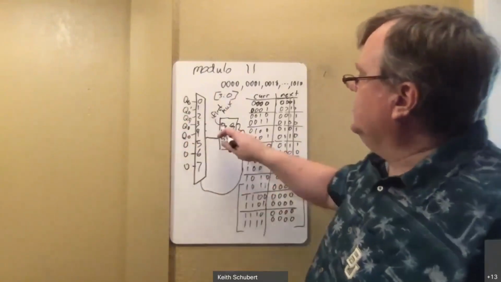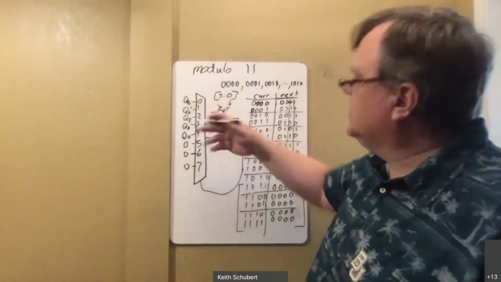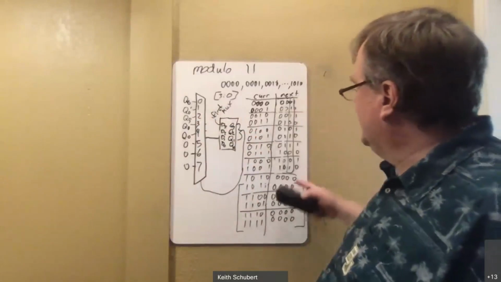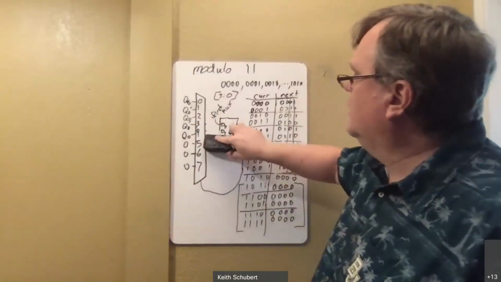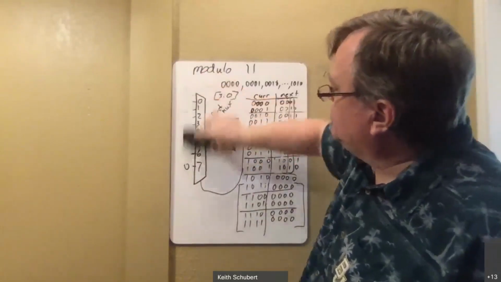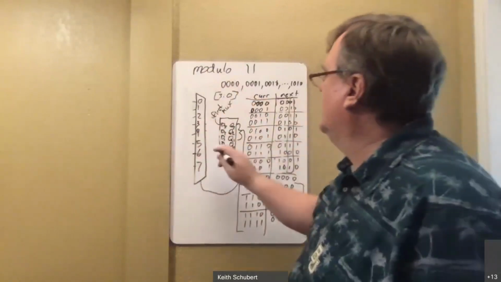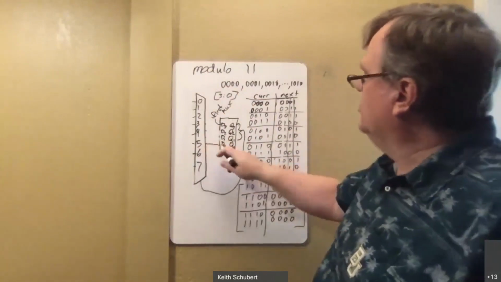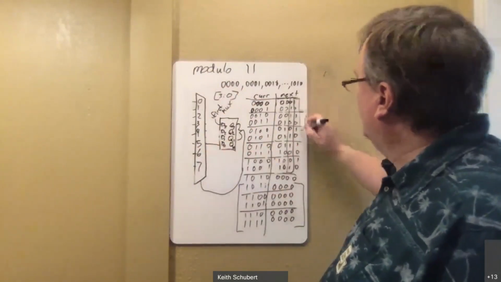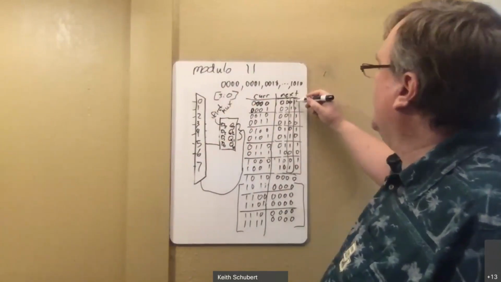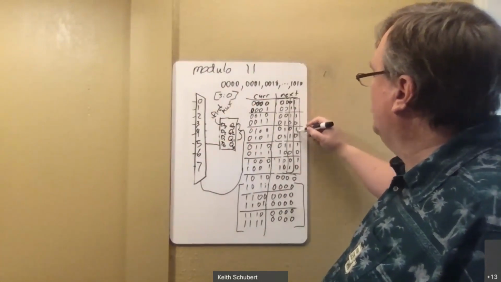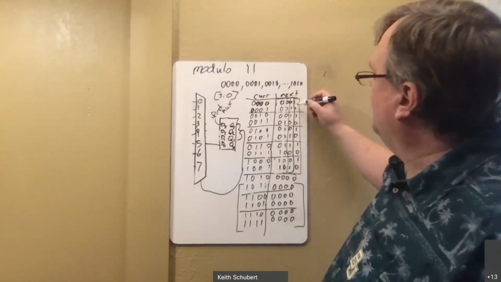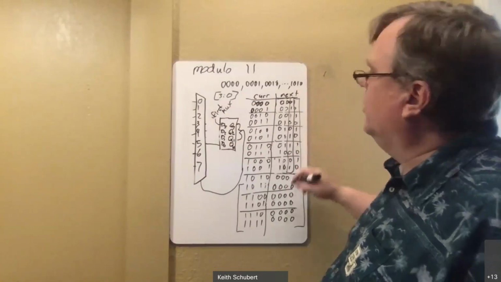D3 is the first mux, D2 is the second mux we designed, and now we've done our third mux. So all that's left is this last column. We'll now do the last, the fourth mux. It goes to D0. It's just this last column. The last column goes 1, 0, 1, 0, 1, 0, 1, 0, 1, 0. It's always the same for the first 5: 0, 1, 2, 3, 4.